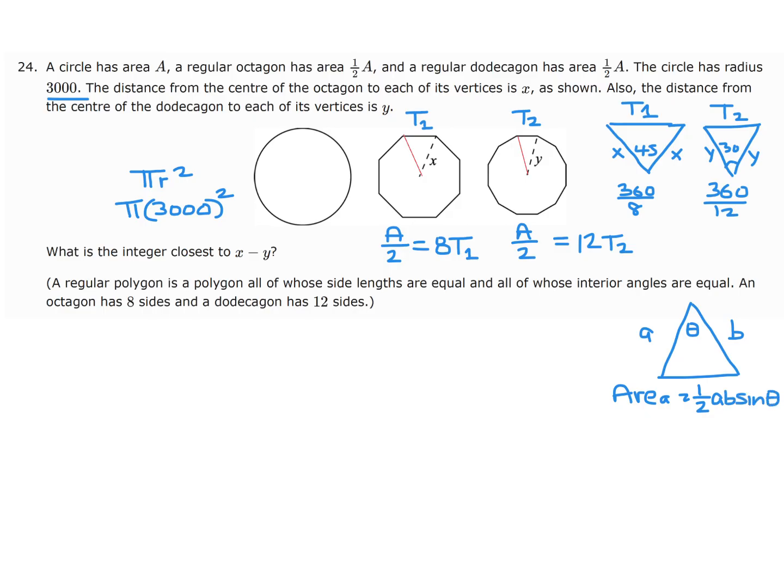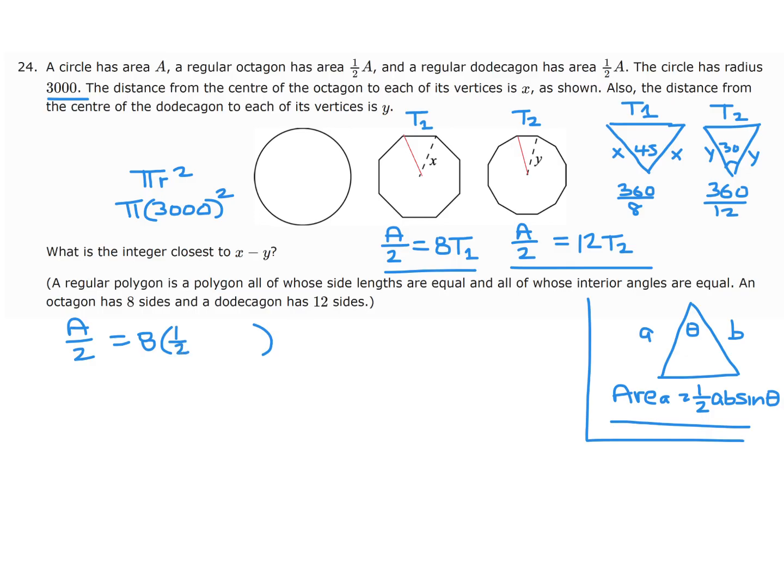That's going to help us figure out this triangle. So let's revisit these two. The first one, A over 2 is equal to 8 T1, but T1 we can figure out with this formula. It would be 1/2 times x squared sine 45. And then T2 would be 1/2 times y squared sine 30. That's very good progress, I think.